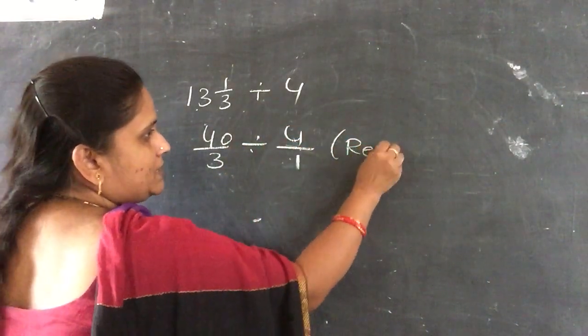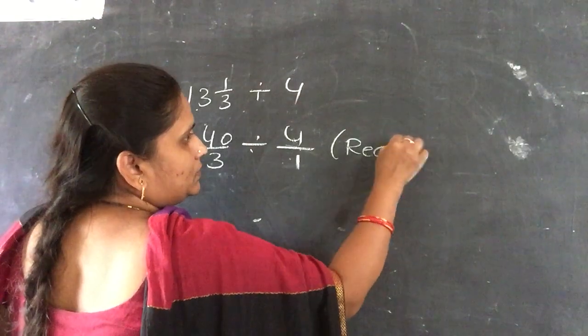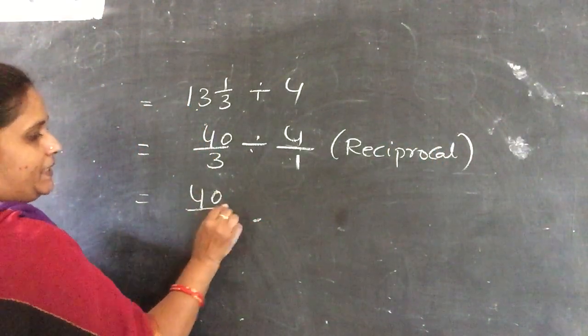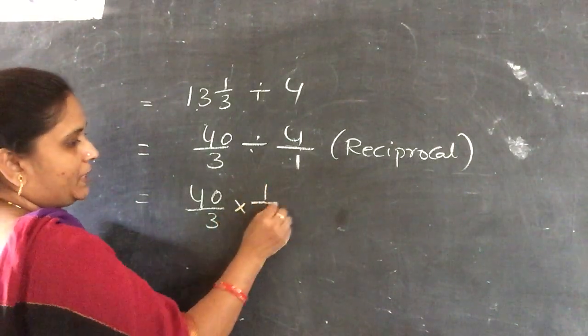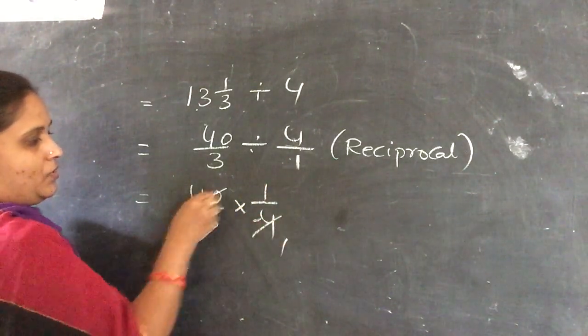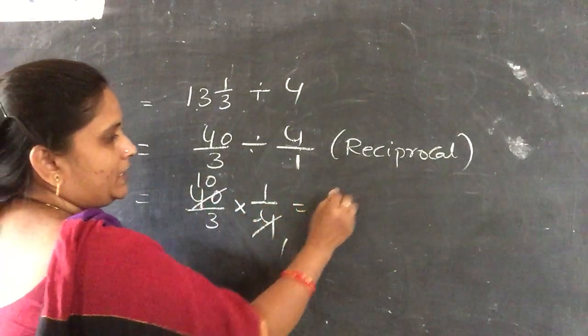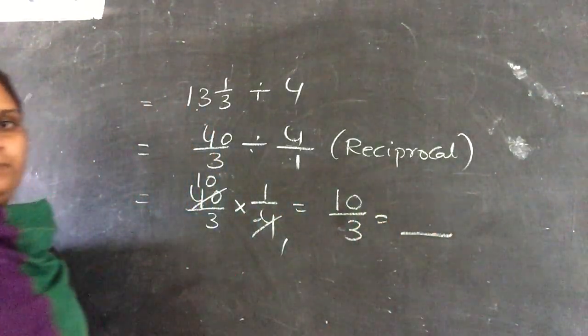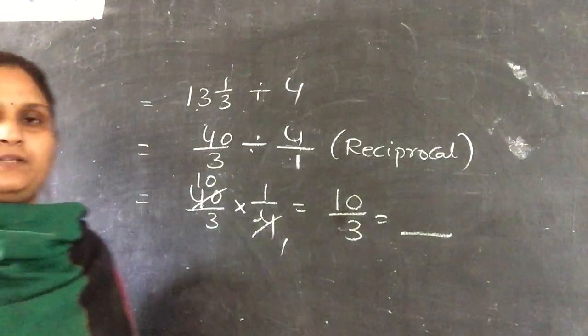Take the reciprocal. So if you take the reciprocal, 40/3 into 1/4. 4 1s are 4, 4 10s are 40. 10/3 and convert into the mixed fraction.